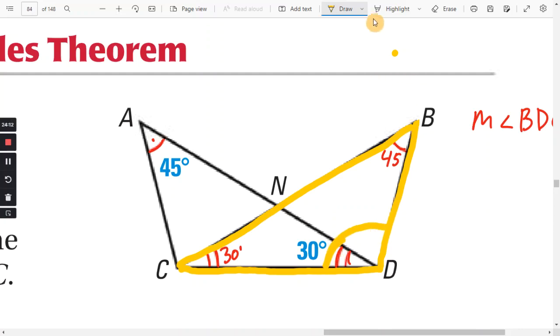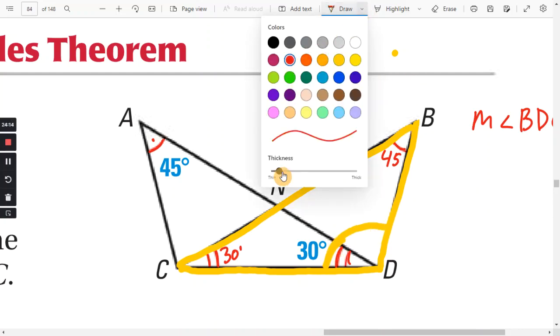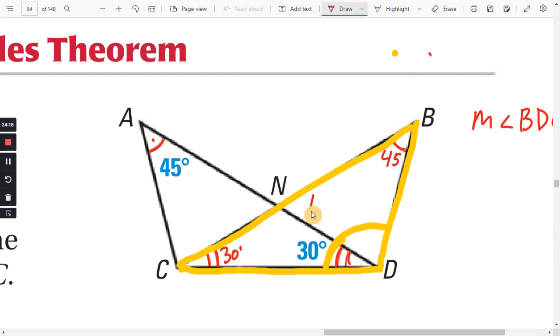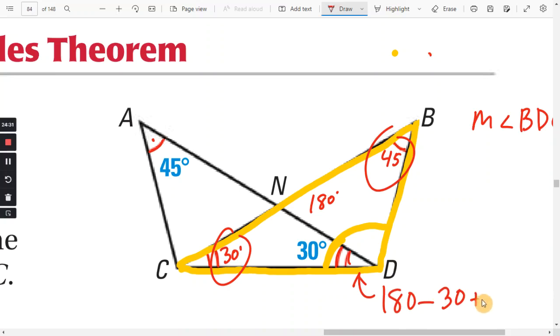All right, so it's pretty easy at this point. We know that angles inside this triangle in yellow have to add to 180. This one here is 30, and this one here is 45. So that's just going to be 180 minus 30 and 45.